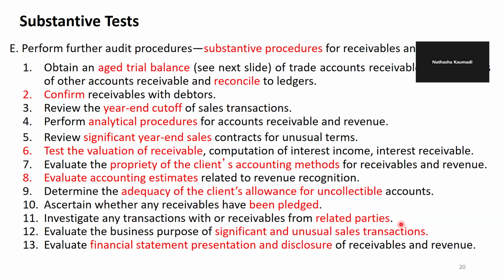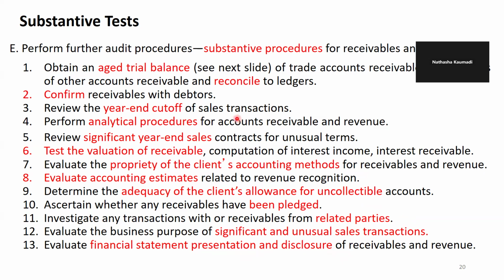If the transactions are related to related parties, you need to separately identify them under related party notes. There should be separate notes. So debtor balances can have these related party balances as well, and you need to categorize them correctly. Classification. Evaluate the business purpose of significant and unusual sales transactions. Evaluate financial statement presentation and disclosure.